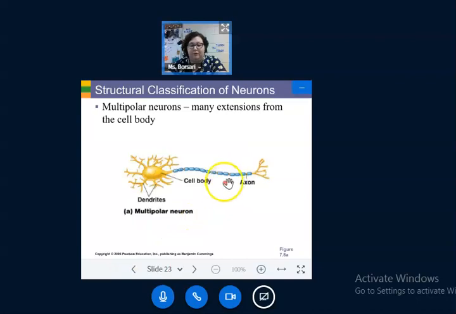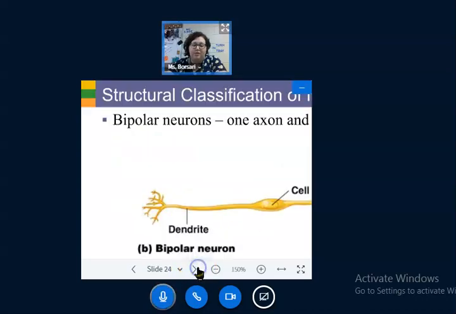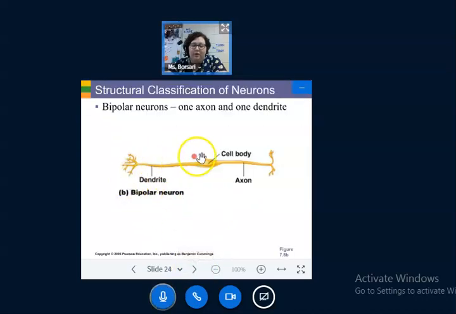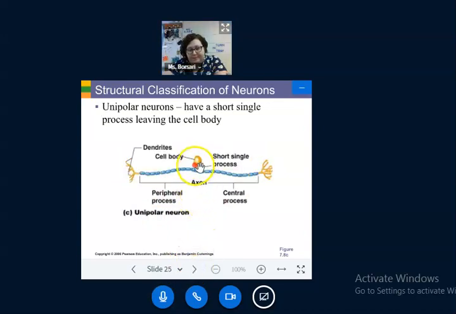Or going even further back to multipolar, we had our cell body and multiple processes coming off. So it's about the number of extensions coming off of that cell body. Here there is a single process coming off of the cell body that is then going into the dendrites. So we've got multipolar, bipolar, and unipolar neurons.